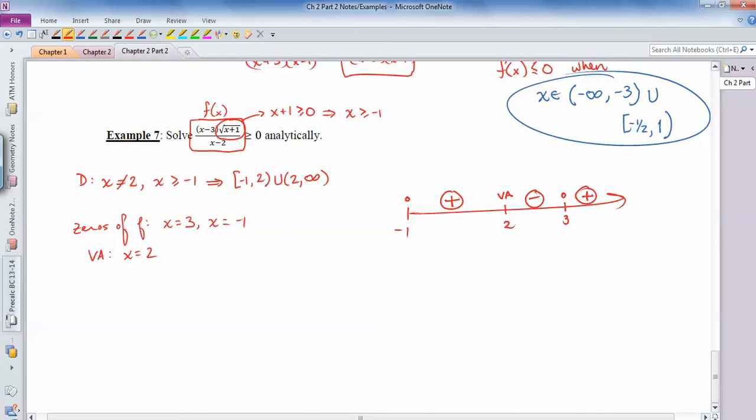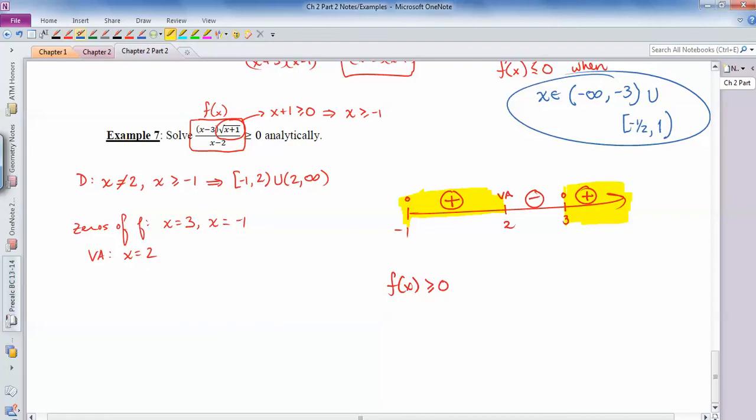And let's see, I need to know when f of x is greater than or equal to 0 according to the original problem. So it's greater than or equal to 0 whenever it's positive. So that's here in my sign chart. And it's 0 right there at negative 1. And also from 3 on. So this is what I'm including in my sign chart.